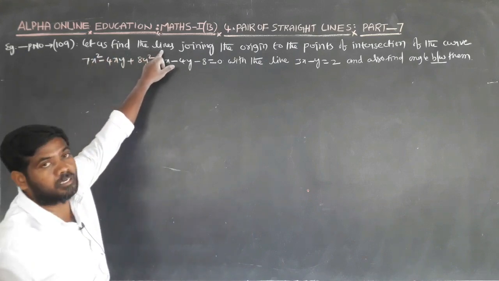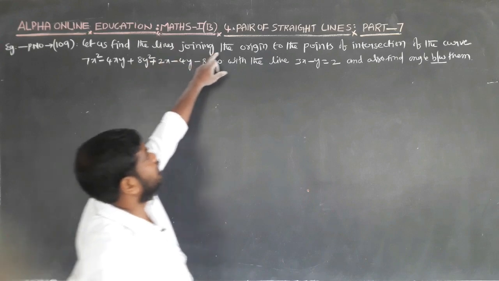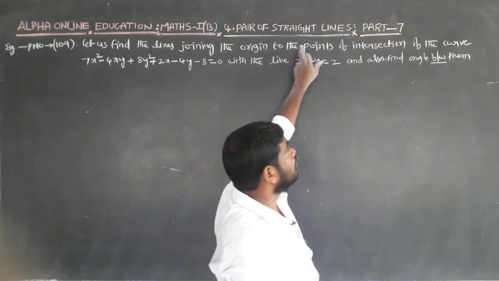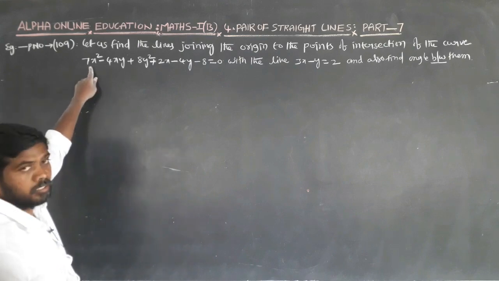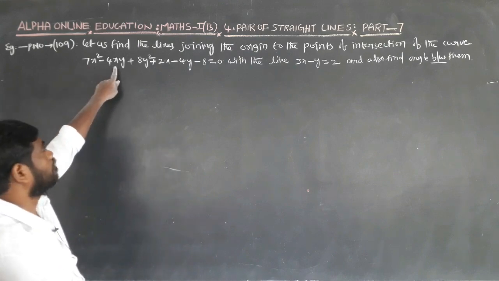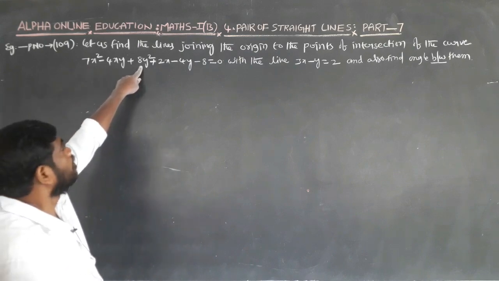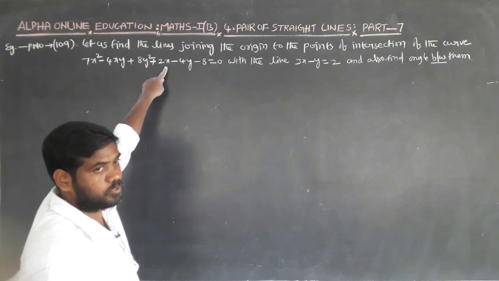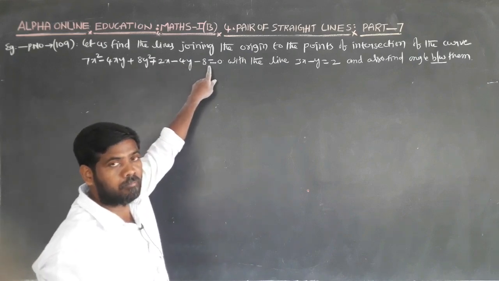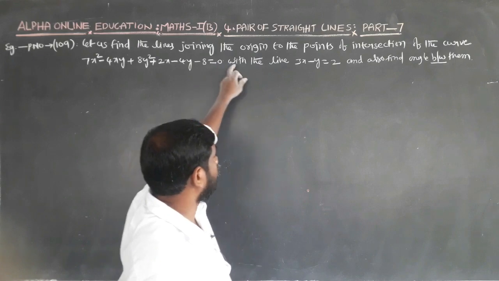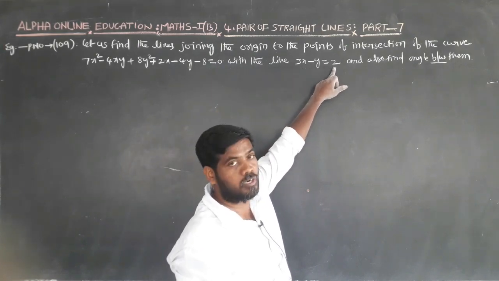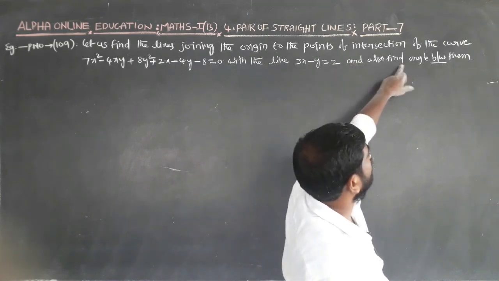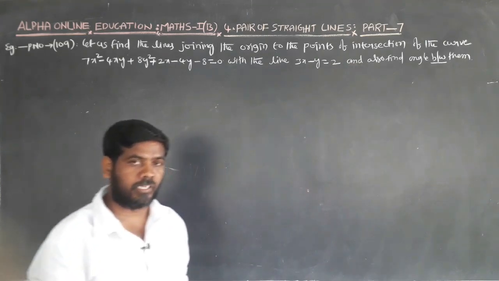Let us find the lines joining the origin to the points of intersection of the curve 7x square minus 4xy plus 8y square plus 2x minus 4y minus 8 is equal to 0 with the line 3x minus y is equal to 2, and also find the angle between them.